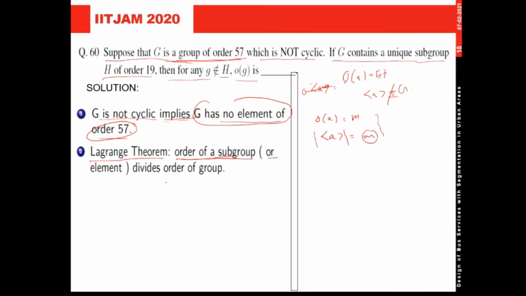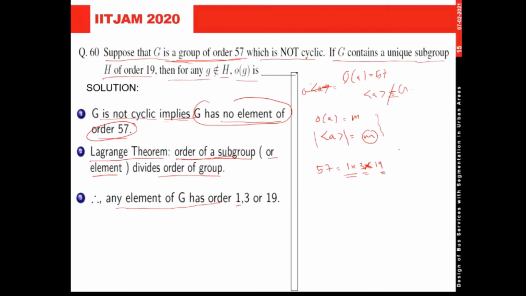That's why the order of a subgroup divides the order of the group, and the order of an element divides the order of the group. So any element of G has order 1, 3, 19 or 57, since 57 is 3 times 19, which is the prime factorization. So the divisors are 1, 3, 19, 57.